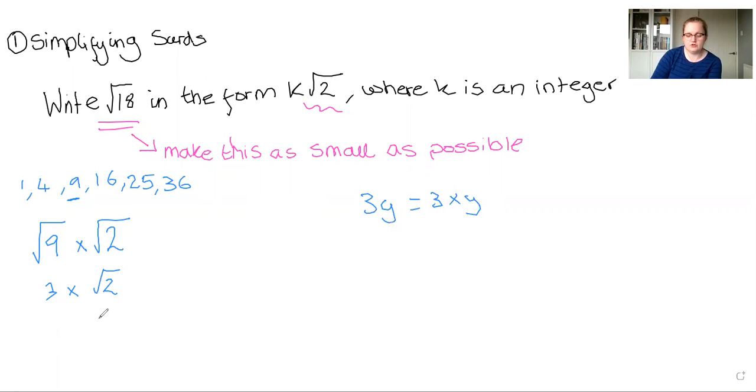Instead of writing 3 times root 2, we can just write 3 root 2. And that would be as simple as we can get this surd. So we have our k being an integer, our k is 3, we have root 2 here, and that would explain our first surd. So we're going to have a look at another example now.